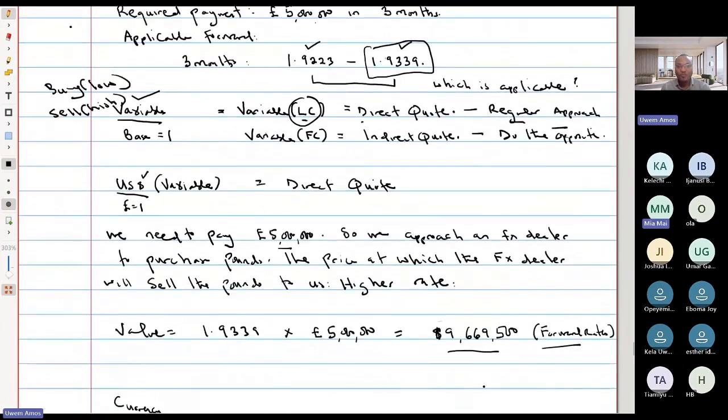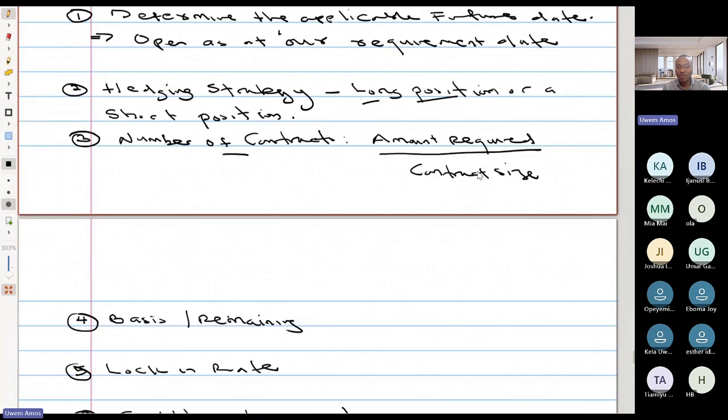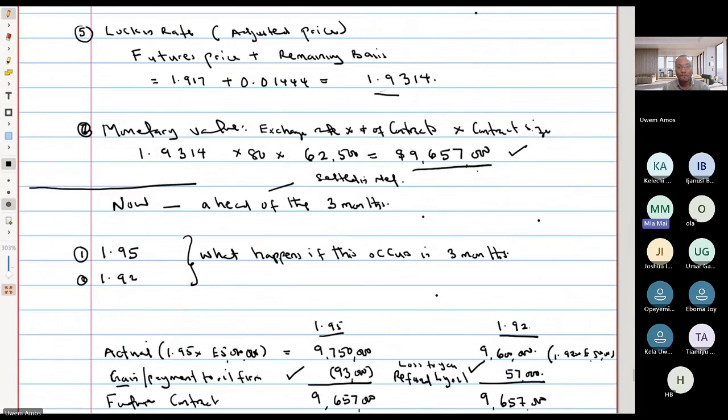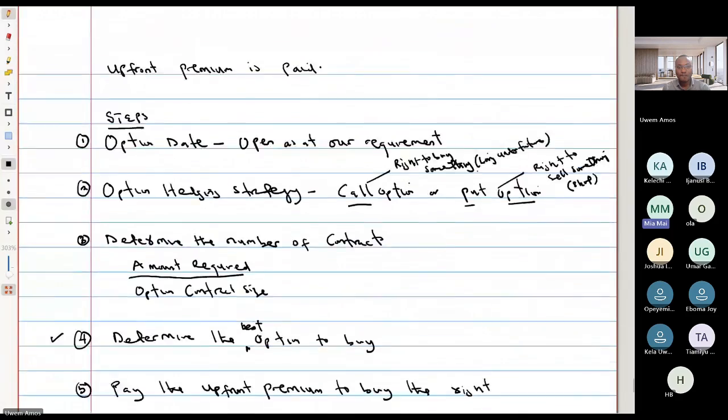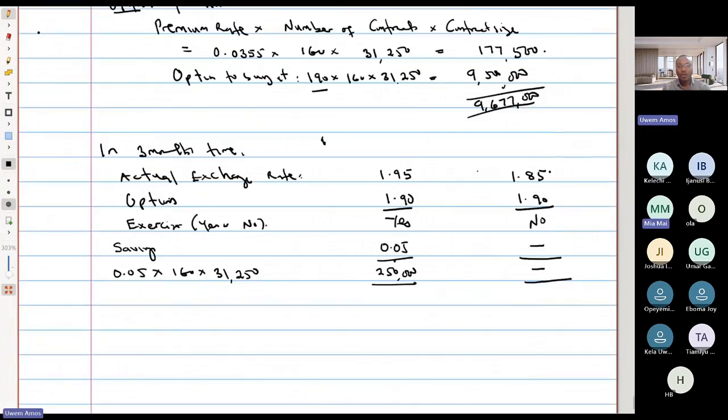So if we went for forward, what is the total amount on that forward? My total amount on that forward was 9,669,500. 9,669,500 is what we have on that forward. So let's look at our summary.